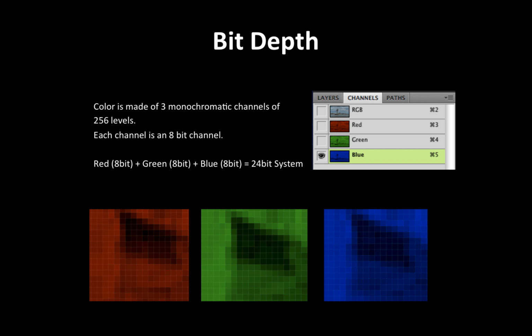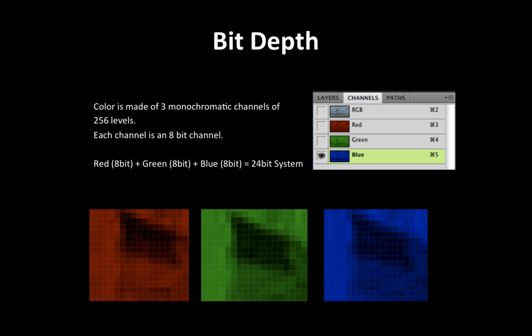When we talk about a color image, for the most part, we're looking at 3 channels of grayscales with 256 levels from 0 to 255 with a filter of red, or with a filter of green, or with a filter of blue.